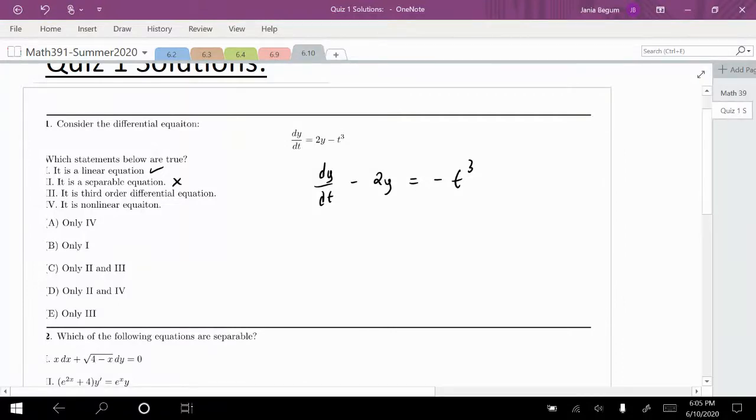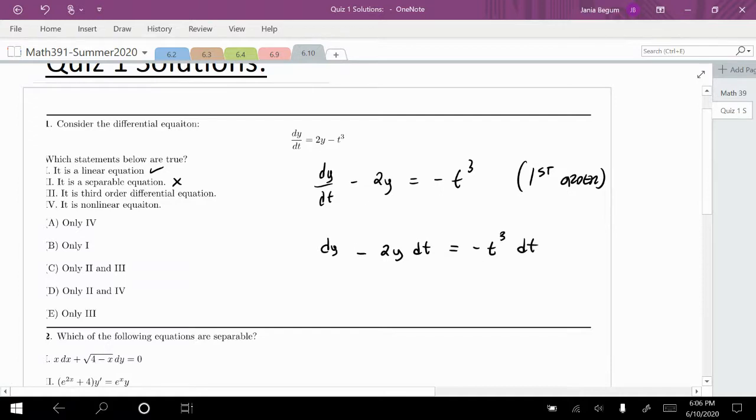What is the order for this equation? First order. Professor, why isn't it separable? It's not separable because if you try to separate t and y, I would multiply by dt on both sides, so you would have dy minus 2y dt equals negative t cubed dt.